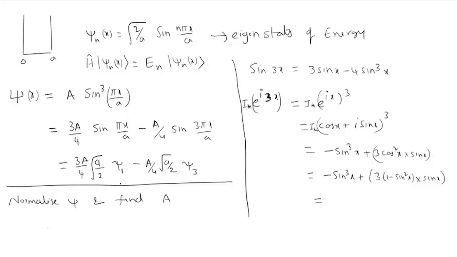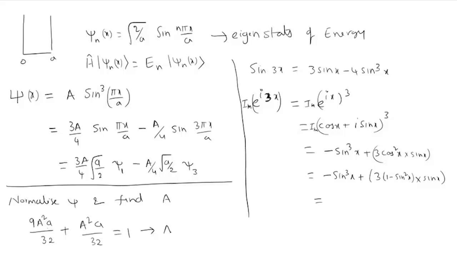When you take the inner product between psi 1 and psi 3, it's 0. Between psi 1 and psi 1, it is 1. So what you get is 9 a square over 32 plus a square over 32 is equal to 1.